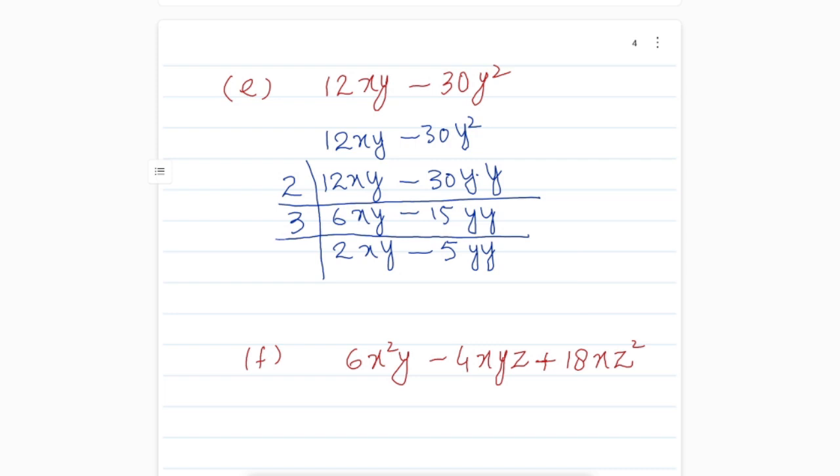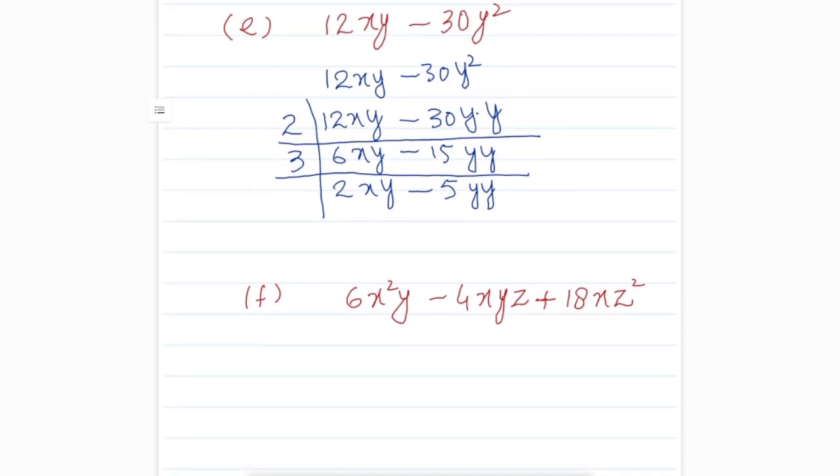Now, no more common divisor except there is a variable. You can see here the variable y is common in both of them. So if we divide by y, it can also be taken as common. So we'll be dividing by y. So it gives us 2x, y cancels, minus 5y, second y cancels.